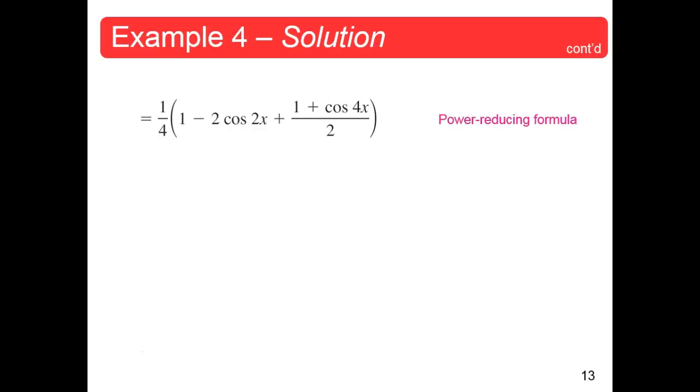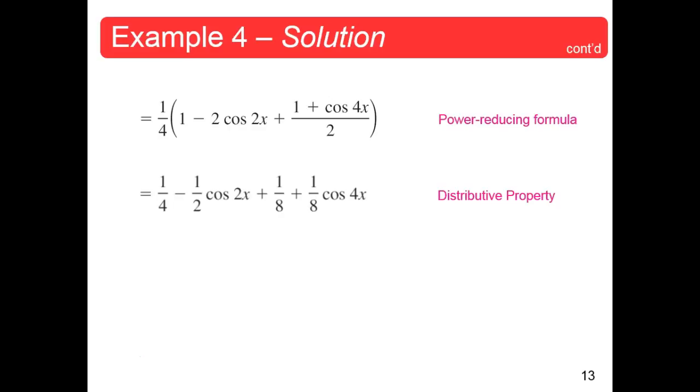To get that all in the same denominator, we'll just double that over 2 and double this over 2. So it's 2 minus 4 cosine 2x plus that, all in the 1/4 out front. That makes it just a little bit easier. And when you do that, that's what you get.